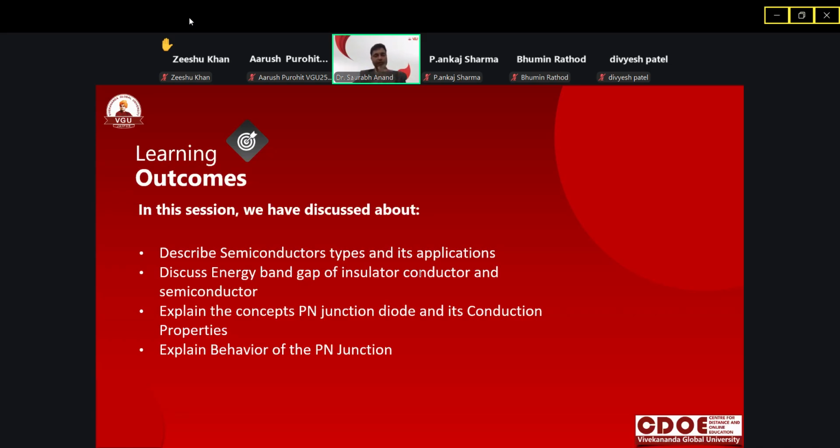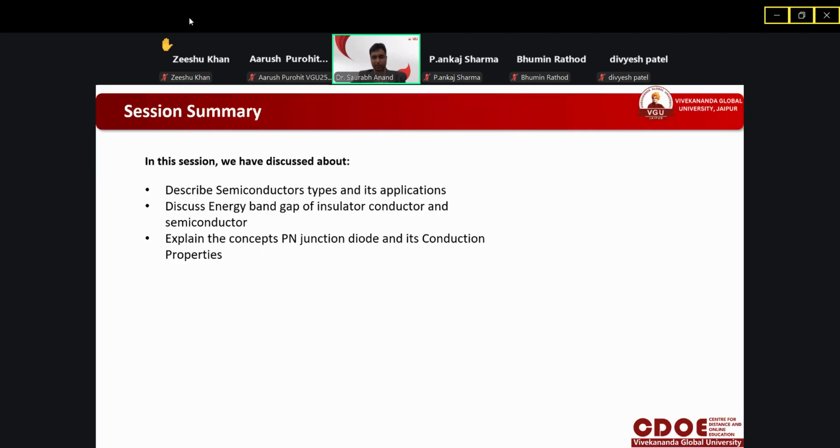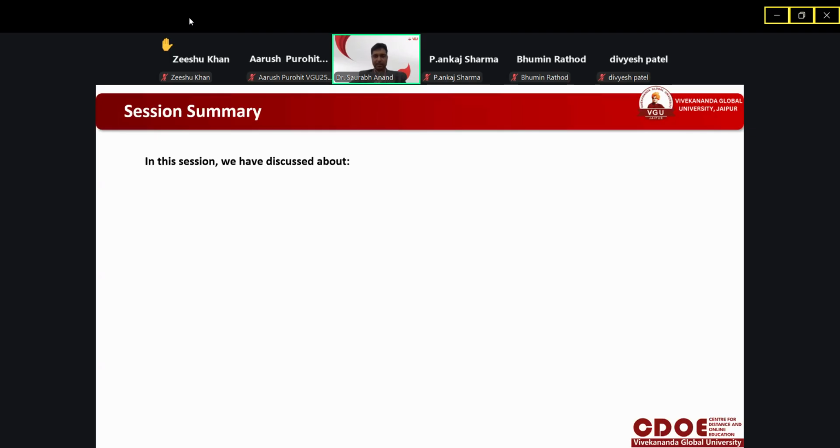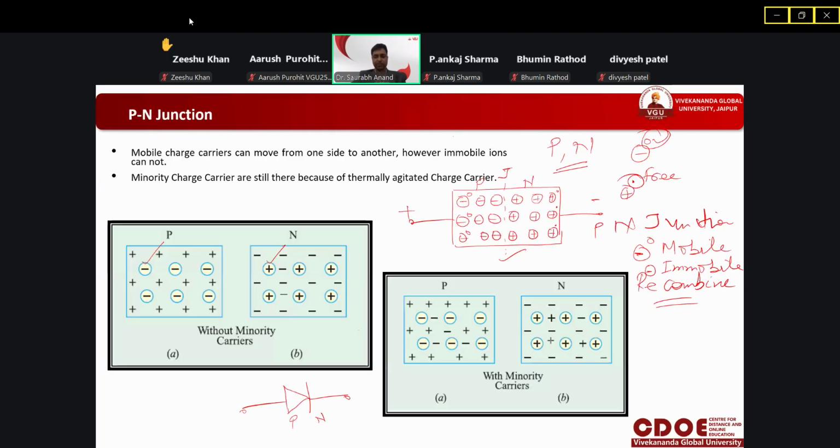What we are doing is, we have P type and N type material. We are joining them. After joining, that point will be known as the junction. Before meeting, there were mobile charge carriers. Before that, I drew this hole, and below that I have written immobile, so that hole is removed.